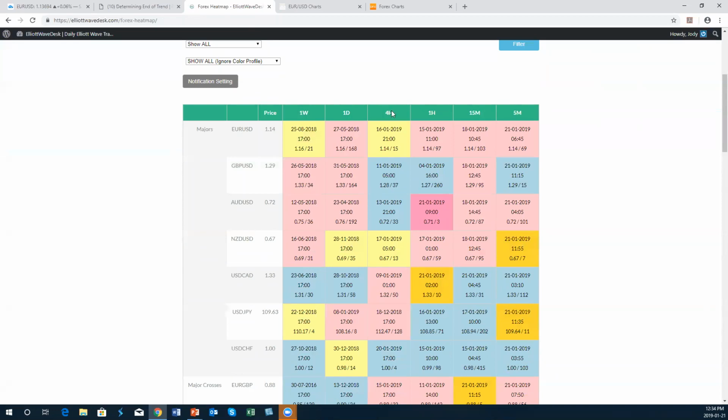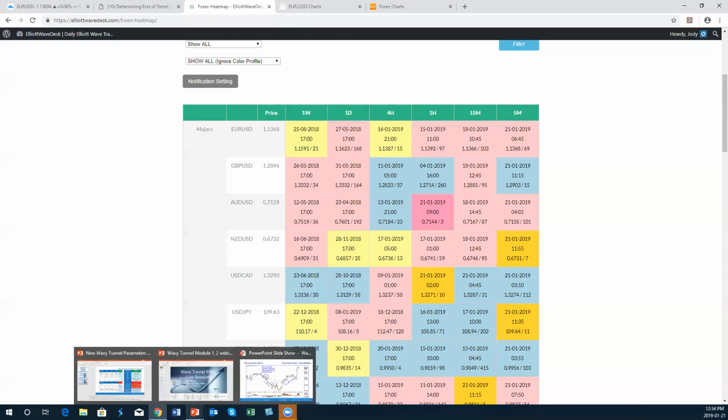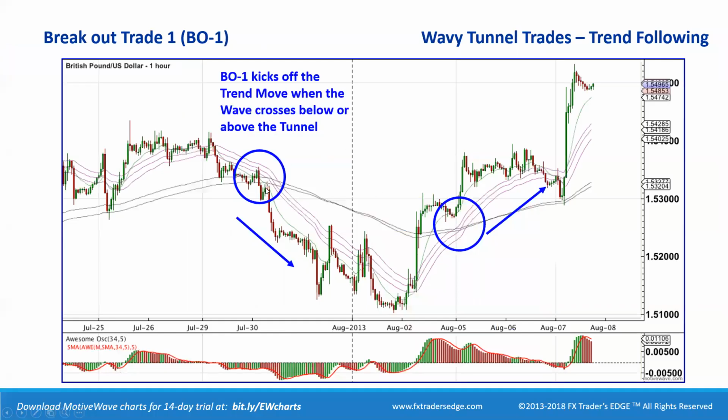The weekly, the daily, the 4 hour, the 1 hour, the 15 minute, the 5 minute, this is all based on the breakout one trade. Why? Because if the wave is below the tunnel, and the filter is below the wave, and price is below the filter, then I'm calling this a downtrend. And it will show up as red on the scanner.